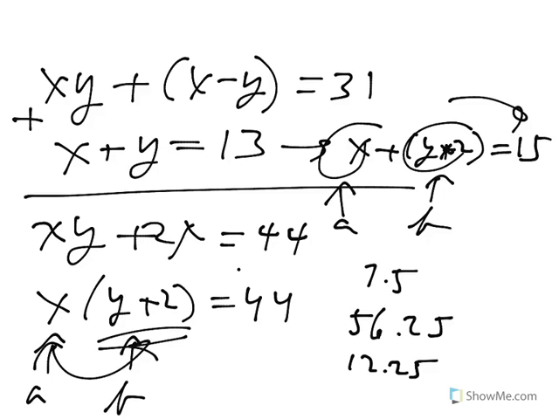You take the square root of 12.25 to get 3.5. You do 7.5 plus 3.5 to get 11, and 7.5 minus 3.5 to get 4.